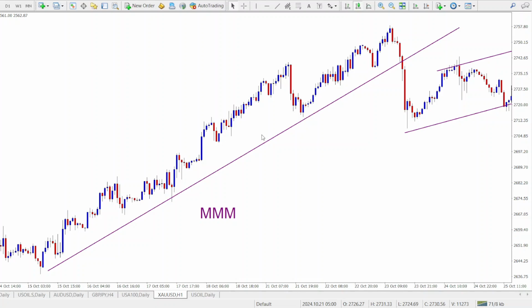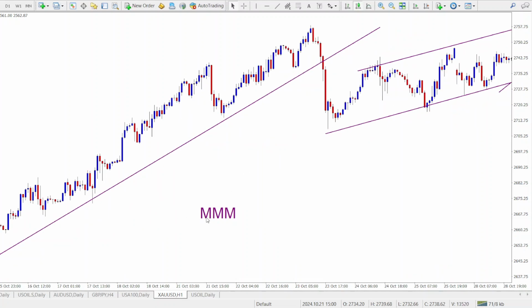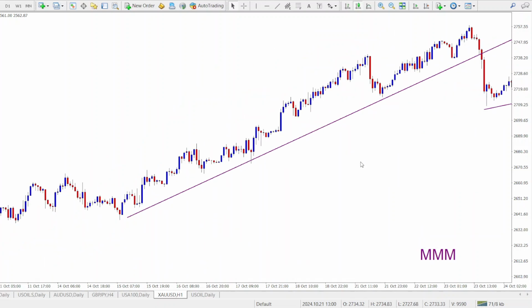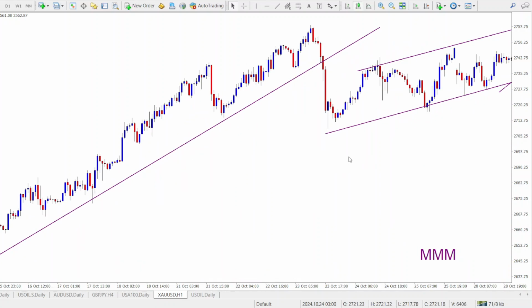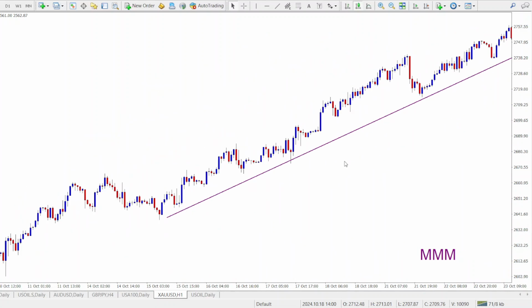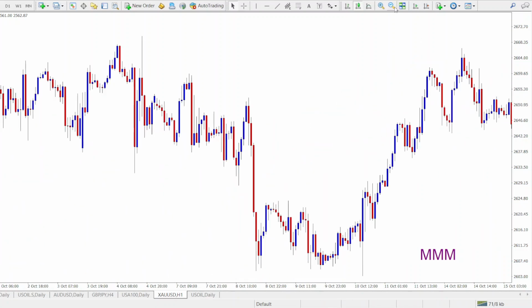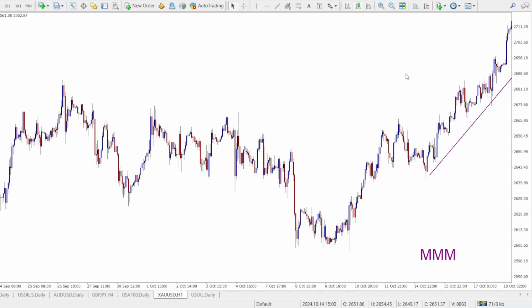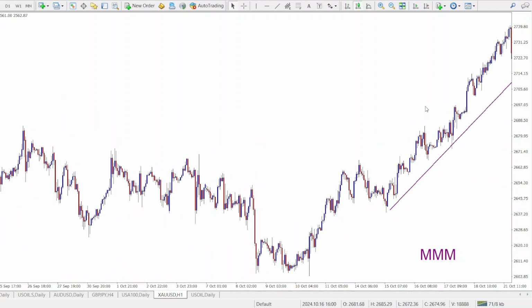Now, phase one of the market makers method is accumulation. This is where market makers quietly build their positions. For example, you often see a range bound market within this period of accumulation.